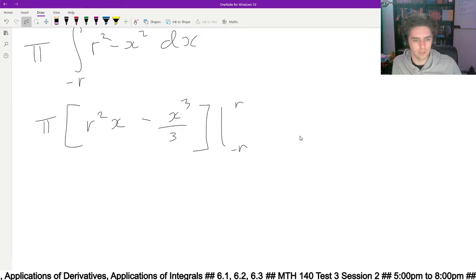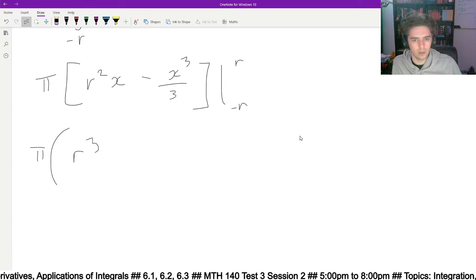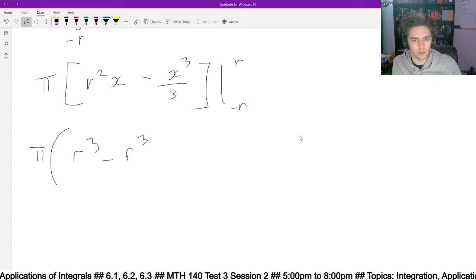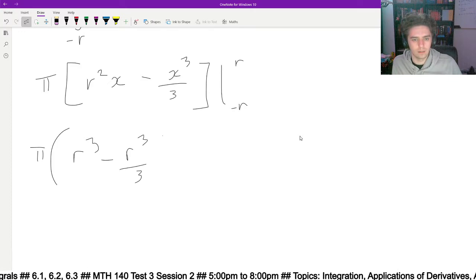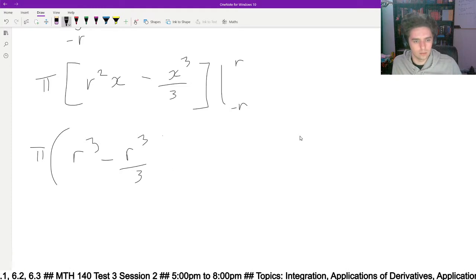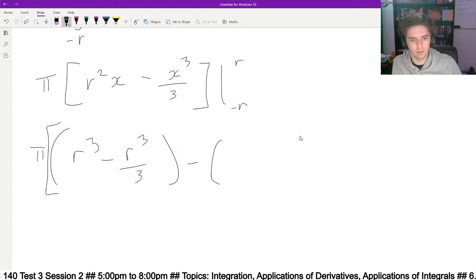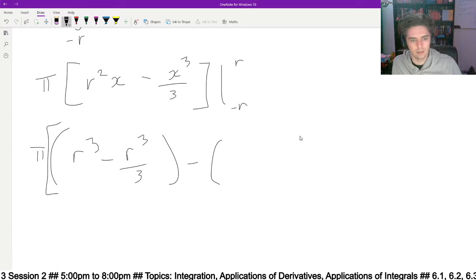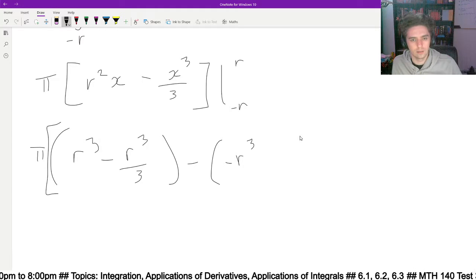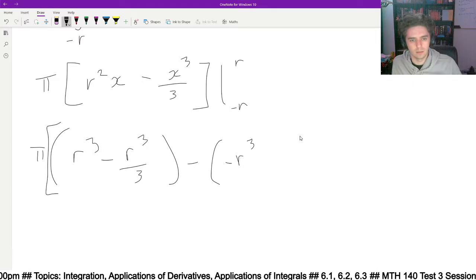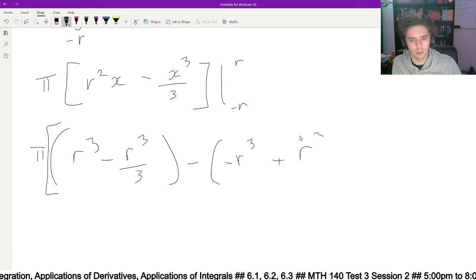So let's see what happens. Evaluated at r, it's going to be pi times r cubed minus r cubed over 3, in square brackets, I guess, minus evaluated at negative r, which is going to be negative r cubed plus r cubed over 3.